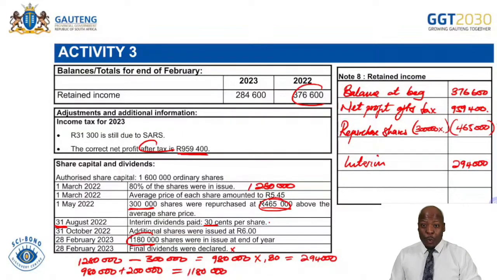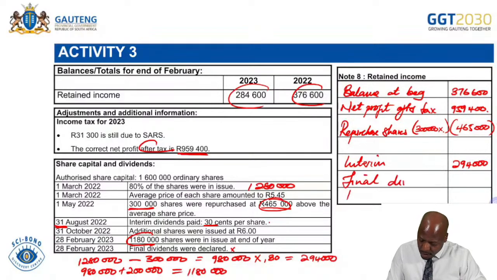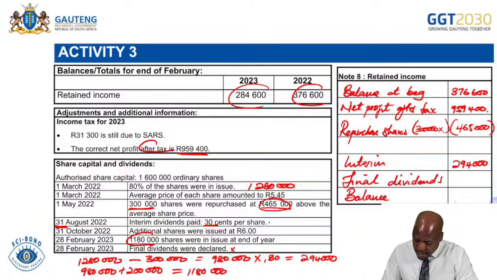Final dividends were declared. Now we don't know how much the final dividends declared were, but what we know is that at the end of the year we have a balance that we are given here, which is 284,600.